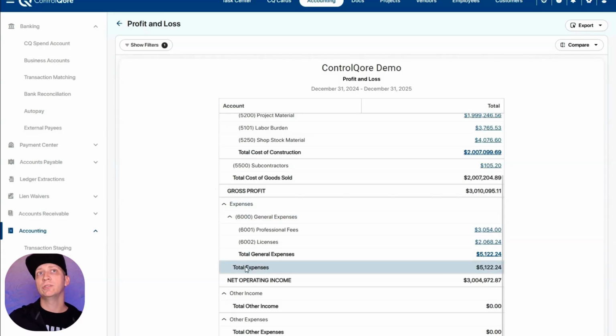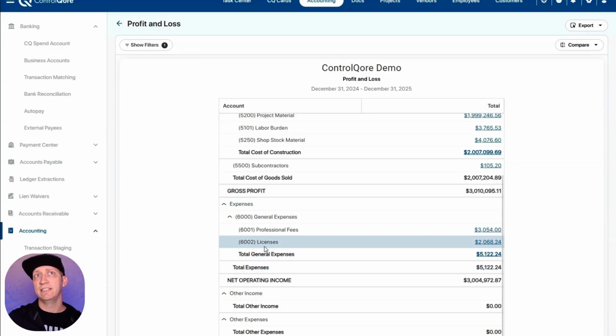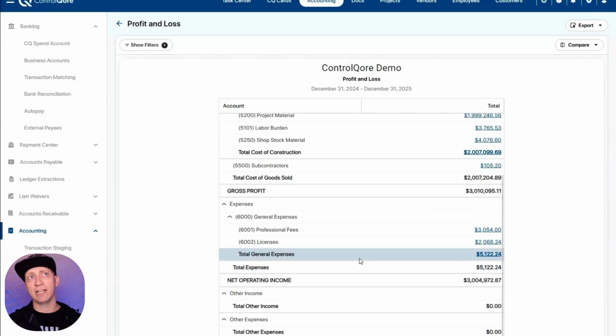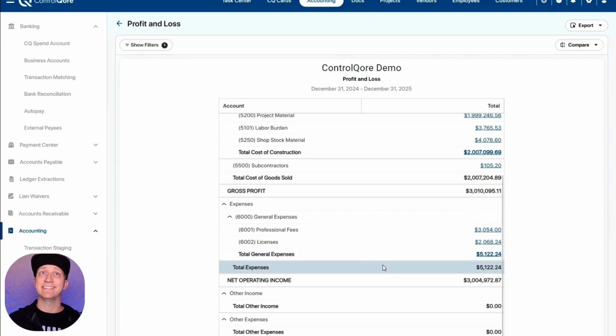So you have total expenses. This is going to be a total of all of the overhead things. This sample doesn't give you a really clear picture. I'll show you a chart of accounts in another video to show you all the things that could go in there. But just know that this total expenses is equivalent to your SG&A, or it's your overhead.